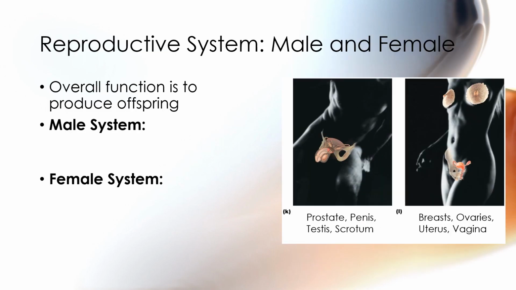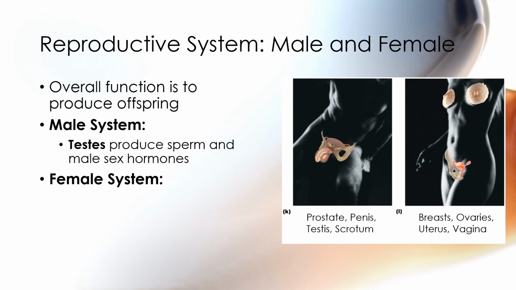So last but not least, we have the reproductive system. So we have the male and female reproductive systems. They have similar function, but slightly different structures, right? So the overall function of both systems are to produce offspring, right?